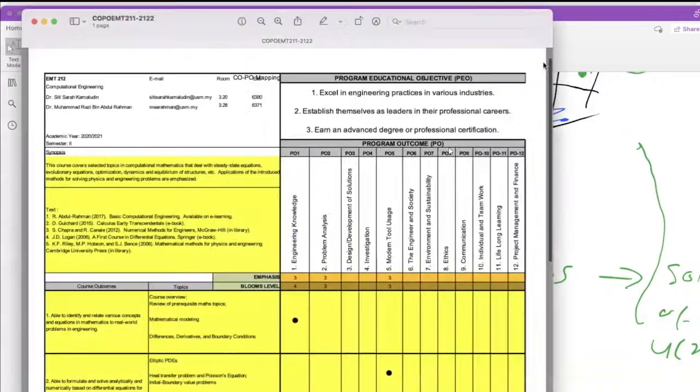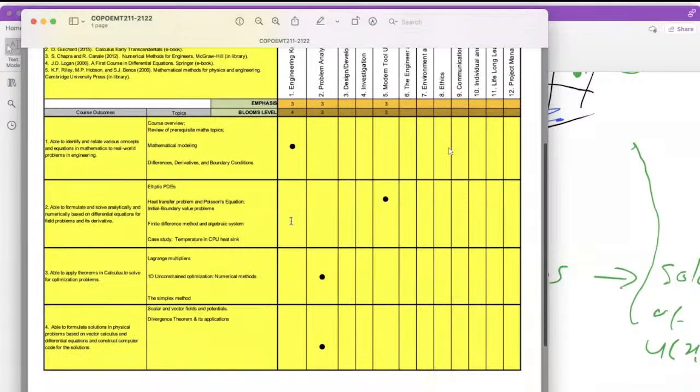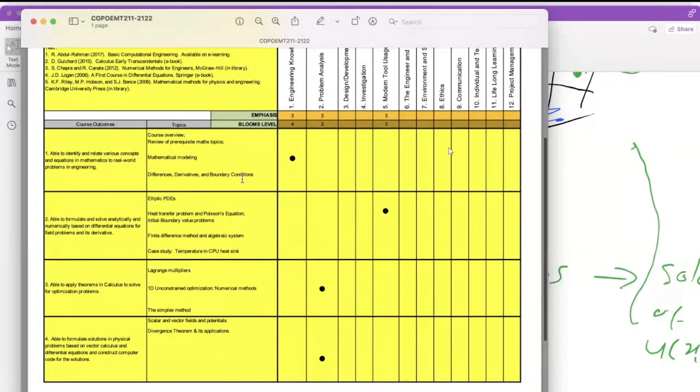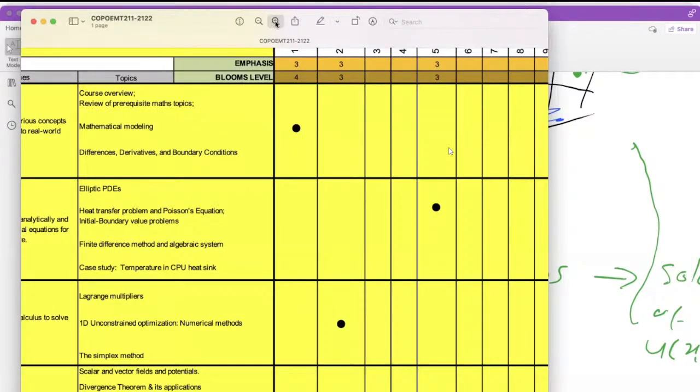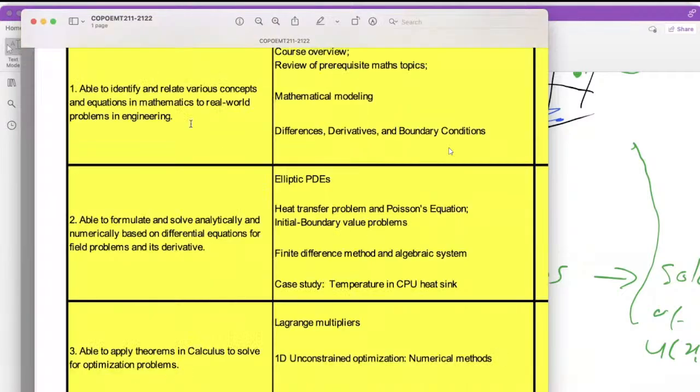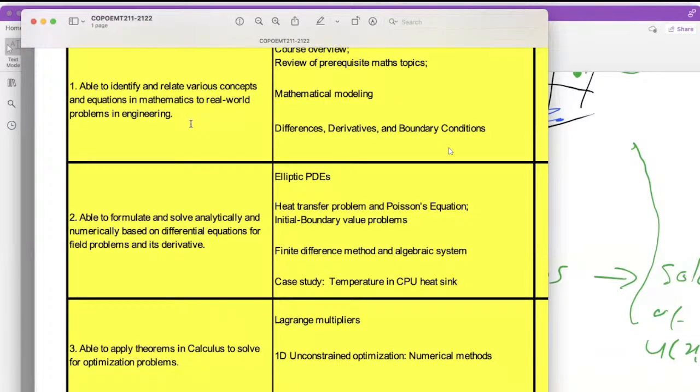Let me look at the syllabus, the COPO, and the course outcome and so on. This is like a review of what we're trying to do. This is very tiny for me. What you have done all this while is just to reach this outcome.